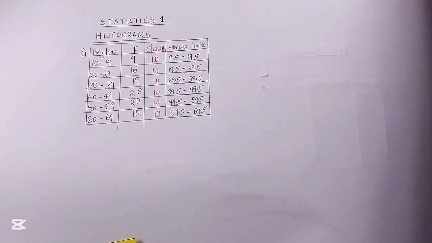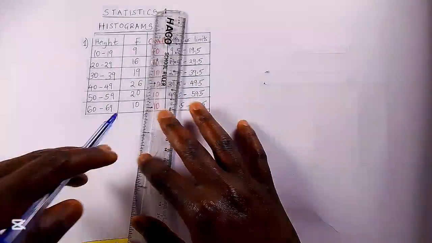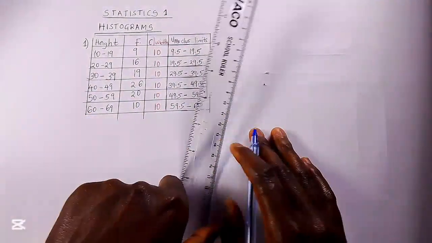In this case, we draw our histogram when the class width is the same.